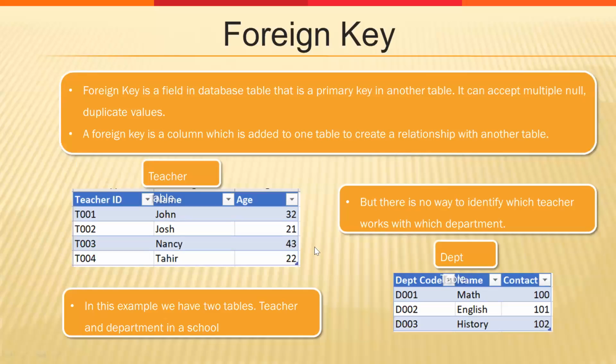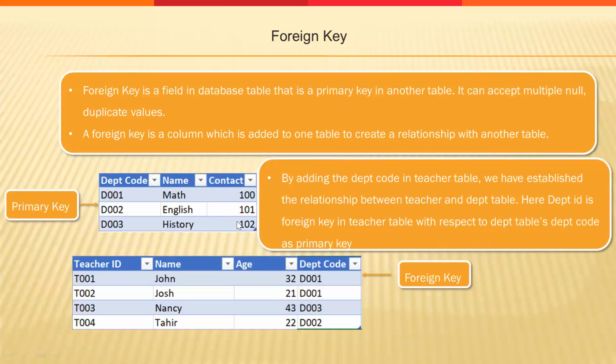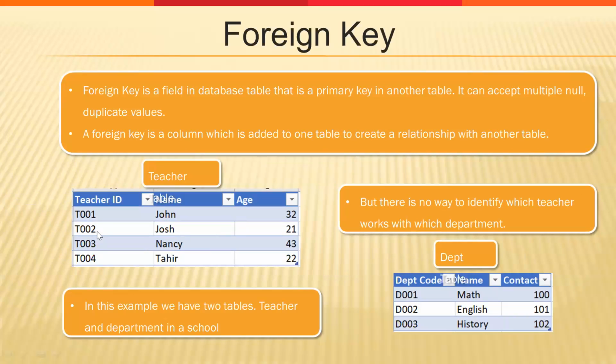Okay, foreign key. A foreign key is a field in a database table that is a primary key in another table. See here, you can see teacher's ID. Here we have a teacher's ID, name, age, and department code and name.